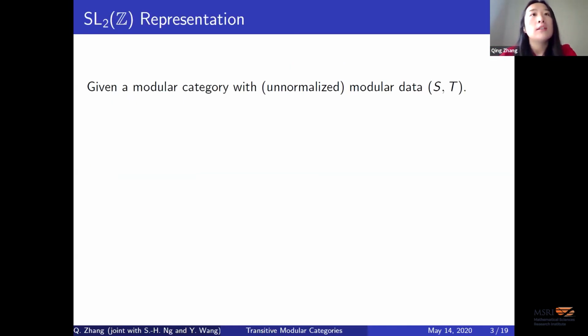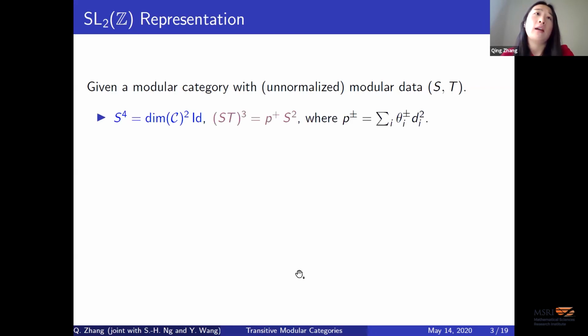Any modular tensor category gives an SL2Z representation. So we consider a modular tensor category with normalized modular data S and T. The fact that it gives us an SL2Z representation is from that S and T satisfy certain restrictions.